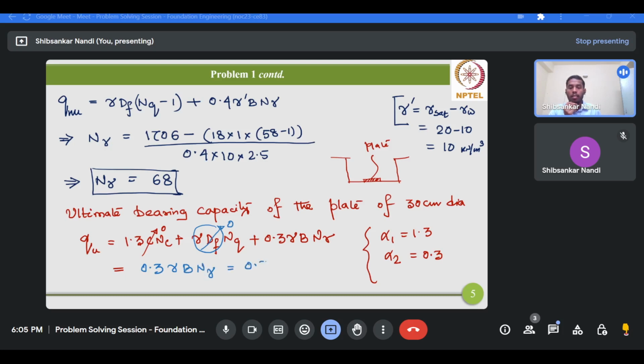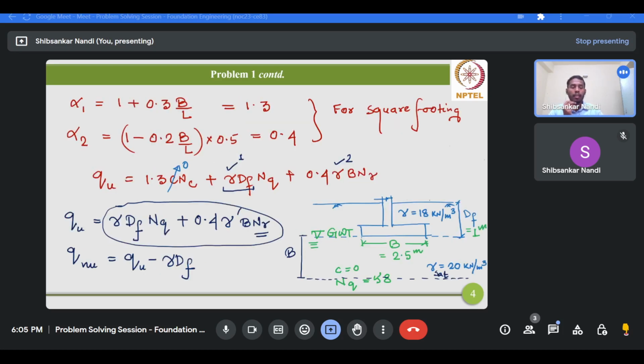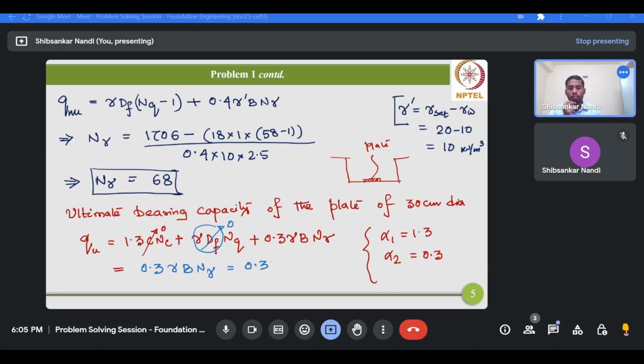Now in this case you are conducting the plate load test in the dry season, so gamma will be simply 18 kilonewton per meter cube, and B will be the diameter of the plate, that means 0.3 meter. This is the B value.